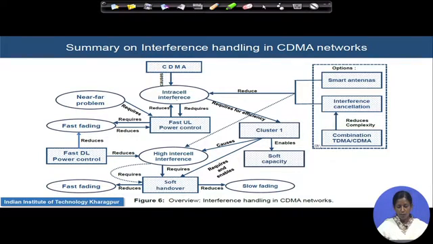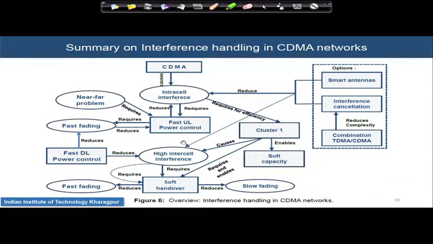And these are the solutions available in your hand: fast uplink power control, soft handover using the cluster 1 concept, fast downlink power control, and the combination of TDMA CDMA, multi-user detection, and smart antenna. So, you do a combination of the different options to handle the interference of the network.